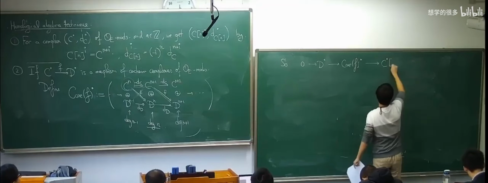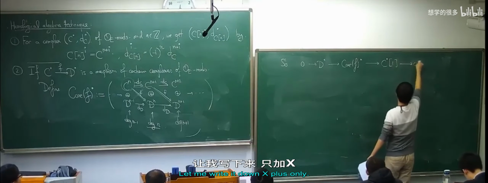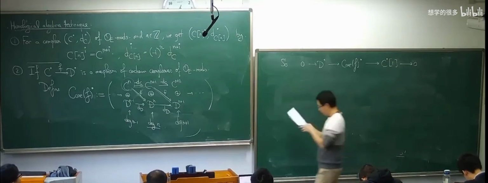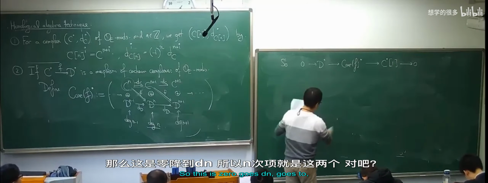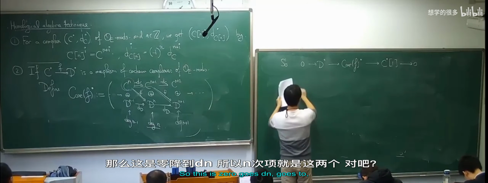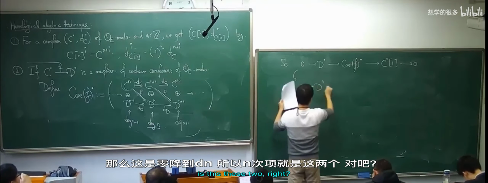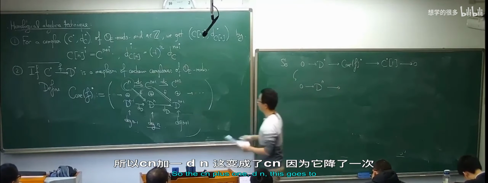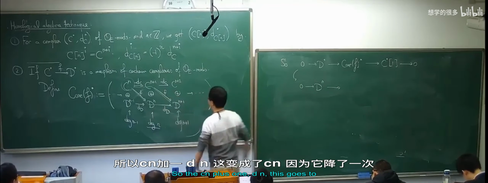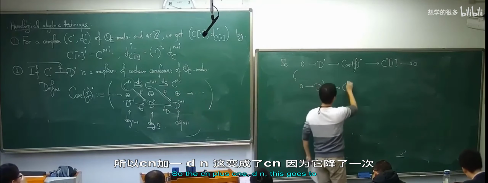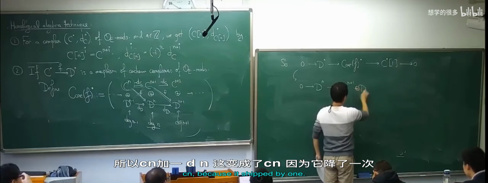Okay. So what is this exact sequence? Let me write it down explicitly. So this is 0 goes to D_n, so the degree n term is these two, right? So C_{n+1}, D_n. This goes to C_n because it shifts by 1.